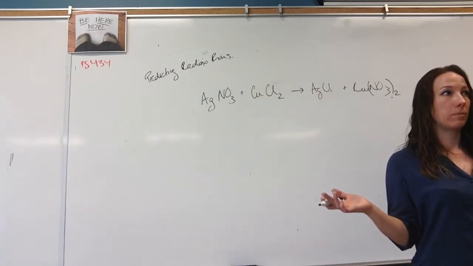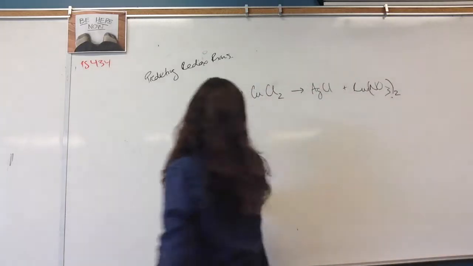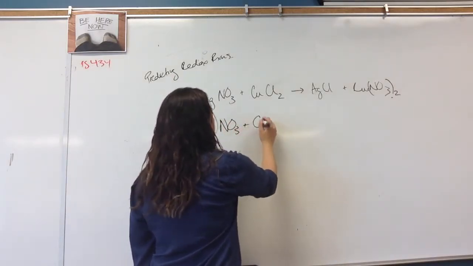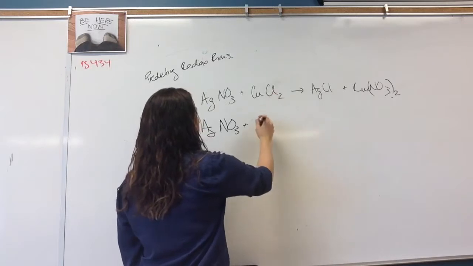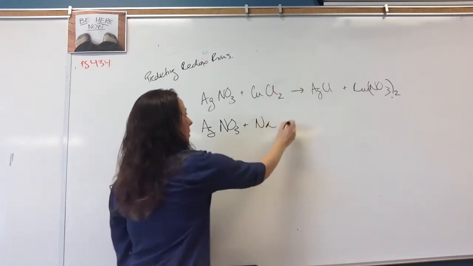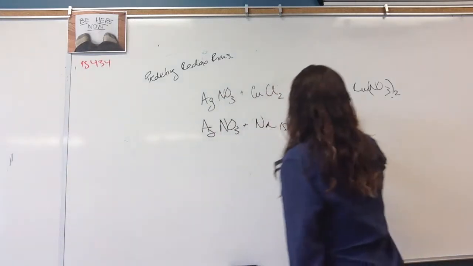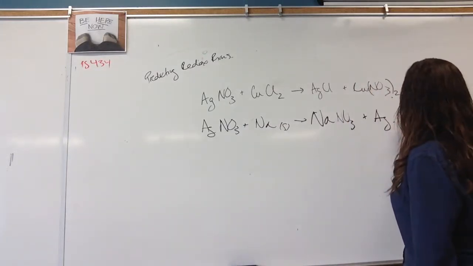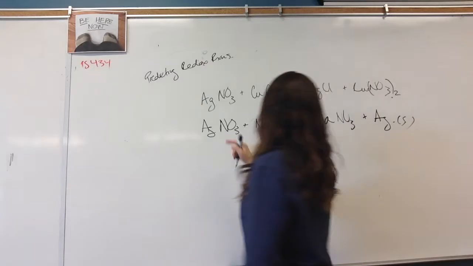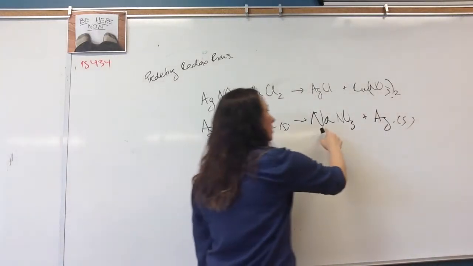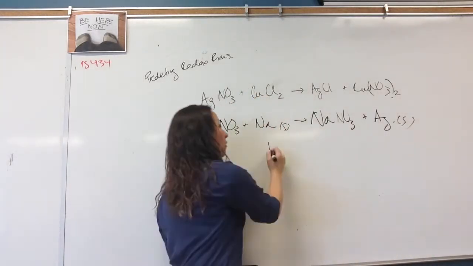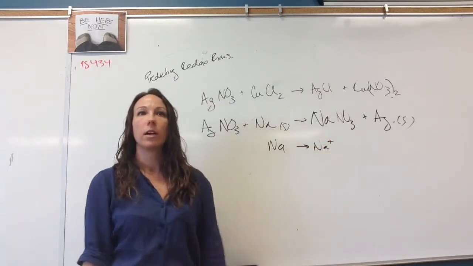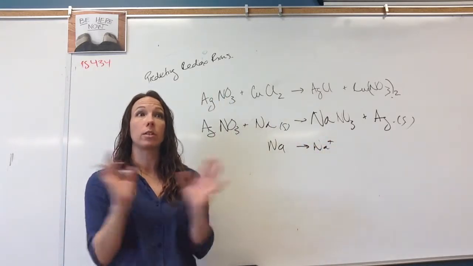So if they're different, that means redox. Right, so let's do a single replacement. Let's go AgNO3 plus sodium. And the sodium will replace the silver, and it'll look like this. So silver solid, silver ion, sodium solid, sodium ion. In order to go from sodium neutral to sodium positive, it must have done something with its electrons.